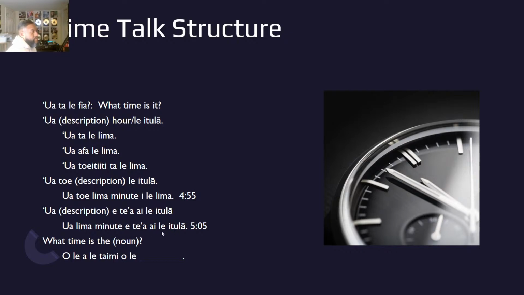Le, this should actually say le lima, but this says the hour. So it has become 5 minutes after the hour. In this case, it's 5 o'clock. So ua toi lima minute ete ai le lima, right? But again, you could just say lima o lima. That's what apparently a lot of people say.